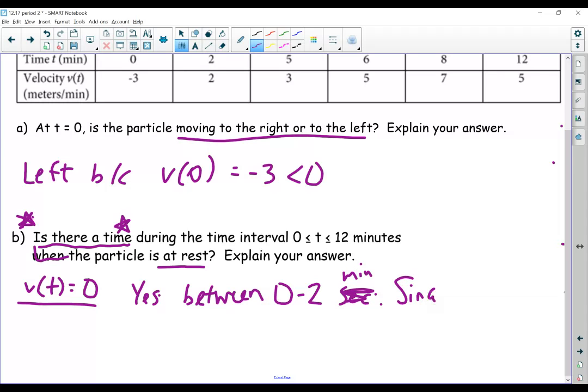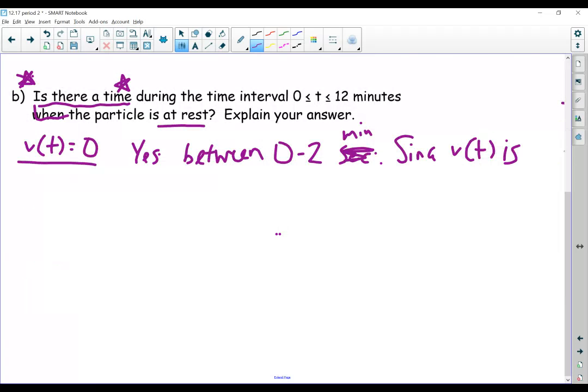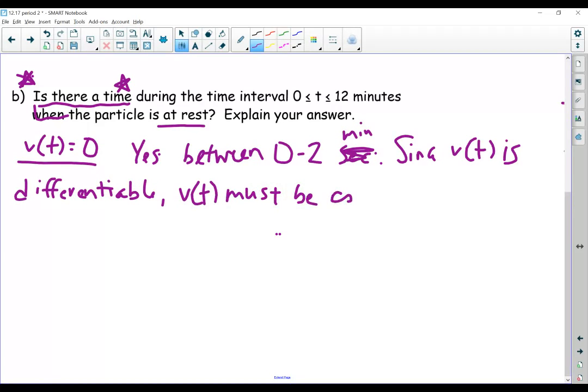Since v of t is differentiable, v of t must be continuous on 0 to 12.